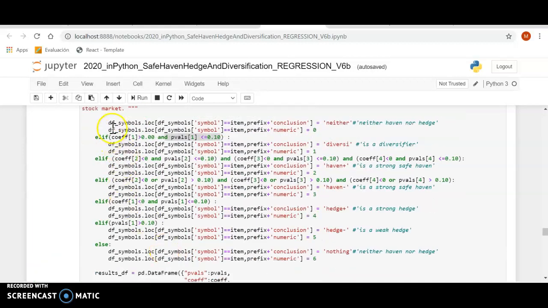This is the criteria I apply to determine if it's neither, a diversifier, having plus, having less. So that's a weak haven, a strong haven, a strong hedge, a weak hedge, or nothing if it fails, but it shouldn't get there in any case, and it doesn't, so it's correct.